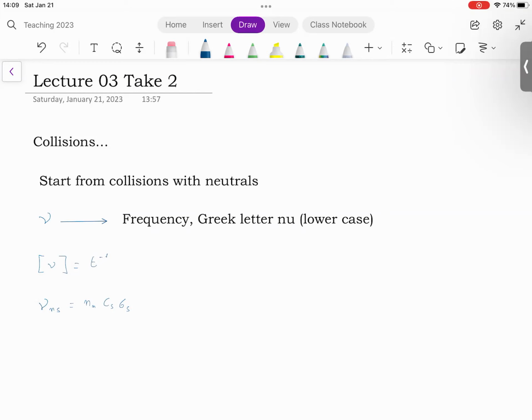Let me first say what I mean by the subscript. This is the scattering, that's what the s stands for. Collisional frequency with neutrals. In principle, there could be other collision frequencies.